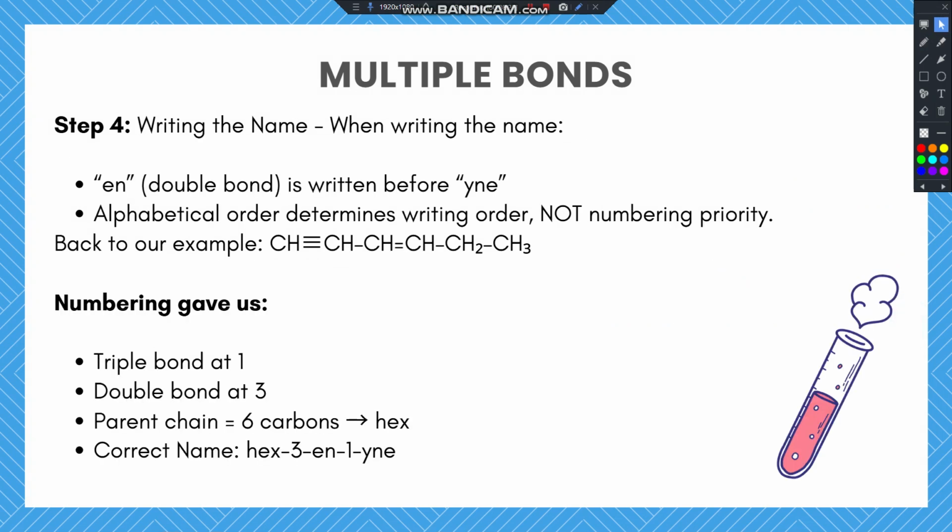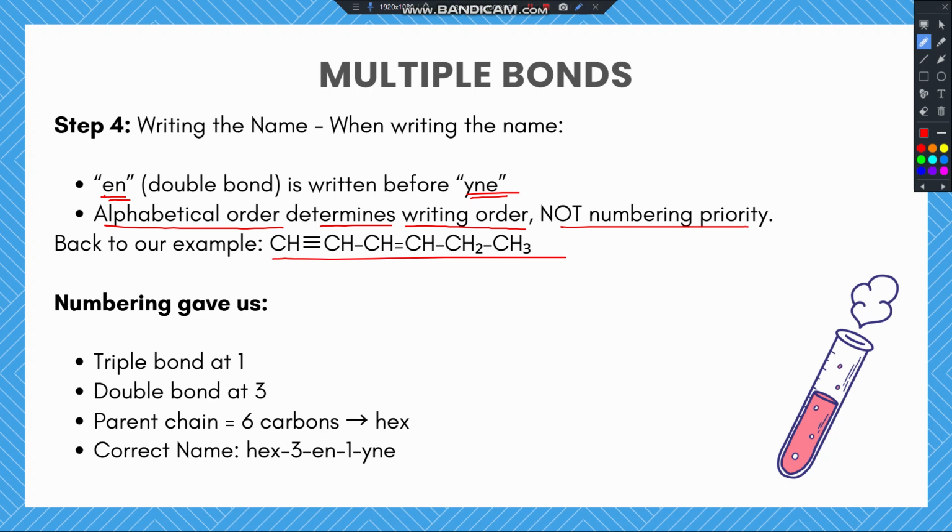Don't worry, we're going to do an example that shows exactly what I am talking about. So step number 4 is writing the name of compounds that contain both a double bond and a triple bond. The en, which is the double bond, is written before yne. You saw that in the example we just treated. Alphabetical order determines the writing of the names, not the numbering priority.